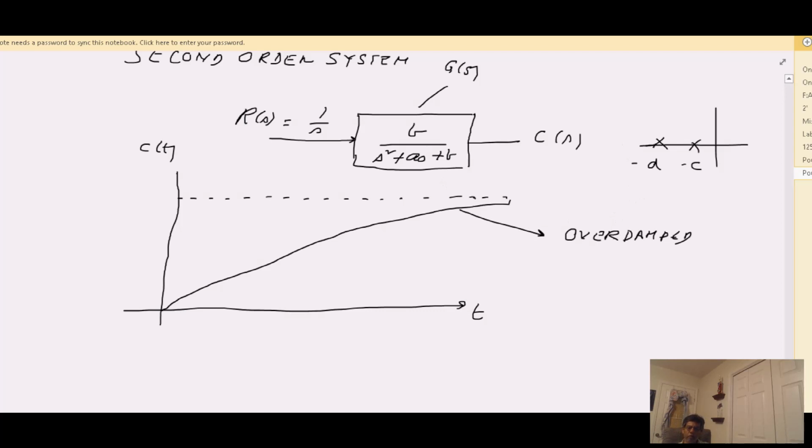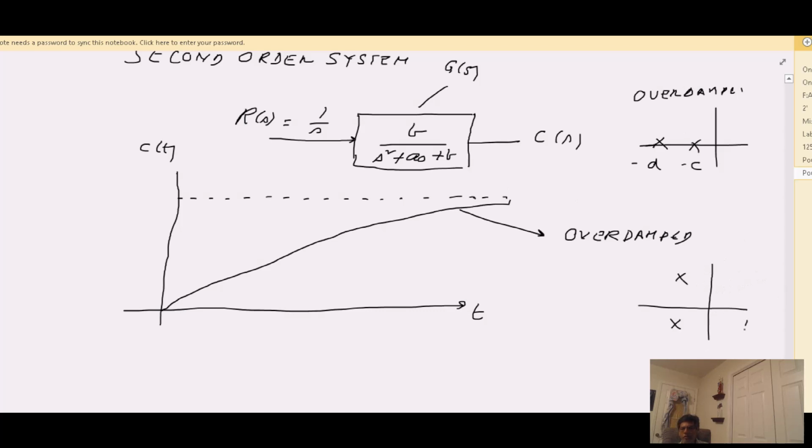Well, what happens when you have an underdamped system? This is overdamped. Let me write this down over here, overdamped. And I am going to stay within this area because I like to put all of them here. If it is underdamped, then you will see it will have two complex poles. You see that?